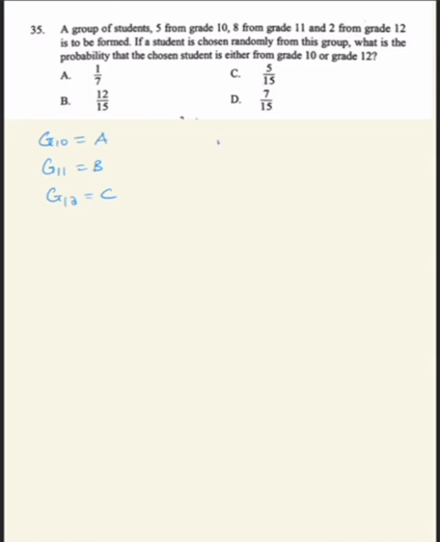The number of students chosen from grade 10 is 5, from grade 11 is 8, and from grade 12 is 2. Now the question is, if a student is chosen randomly from this group, what is the probability that the chosen student is either from grade 10 or grade 12?